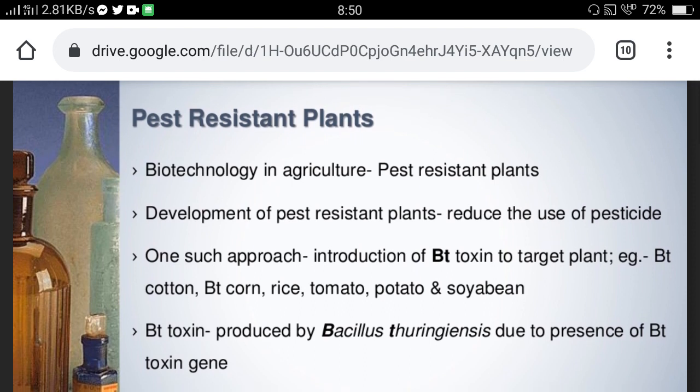Biotechnology in agriculture: pest resistant plants are to be developed which can minimize the use of chemicals. Development of pest resistant plants reduces the use of pesticides. One such approach is the introduction of Bt toxin to the target plant, for example Bt cotton, Bt corn, rice, tomato, potato, and soybean. Bt toxin is produced by Bacillus thuringiensis due to the presence of the Bt toxin gene.